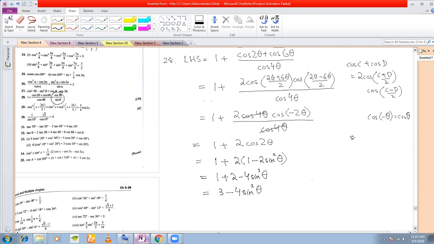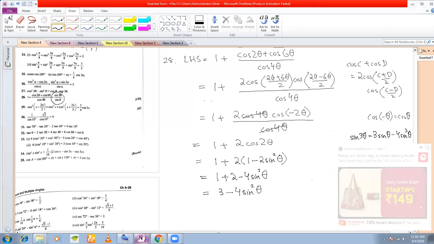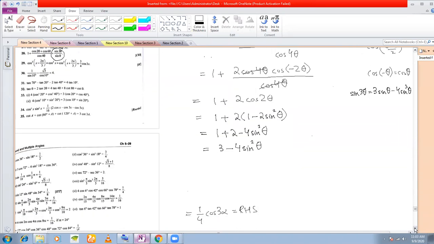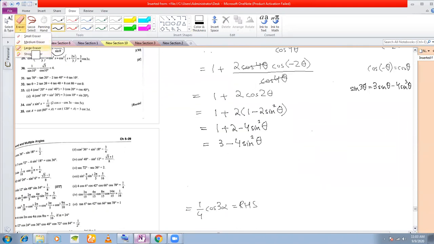What is the formula for sin 3 theta? Sin 3 theta we know is 3 sine theta minus 4 sine cube theta. So therefore, what you can do here is multiply the numerator and denominator by sine theta. You can write this as sine theta into (3 minus 4 sine square theta) divided by sine theta.